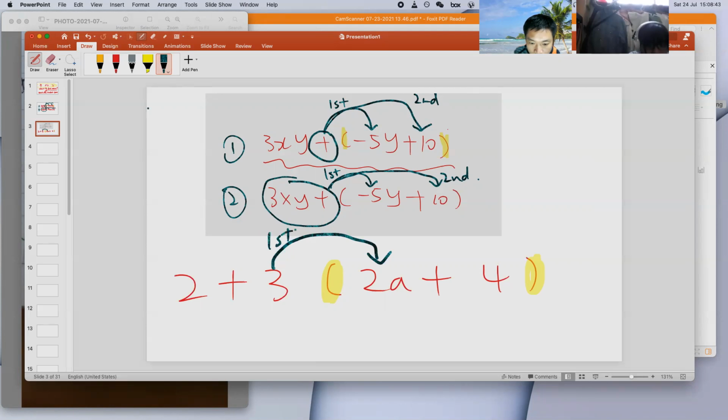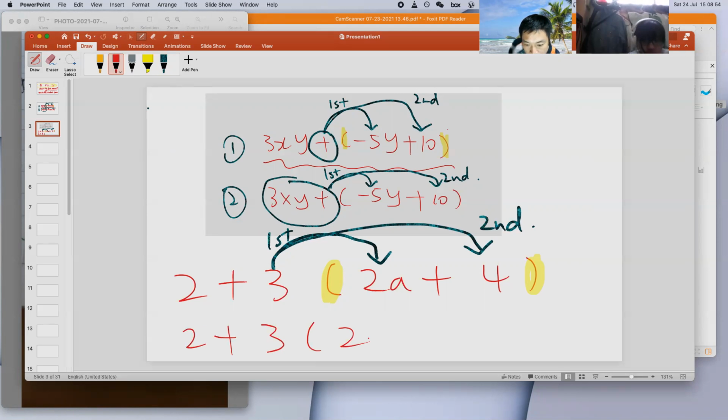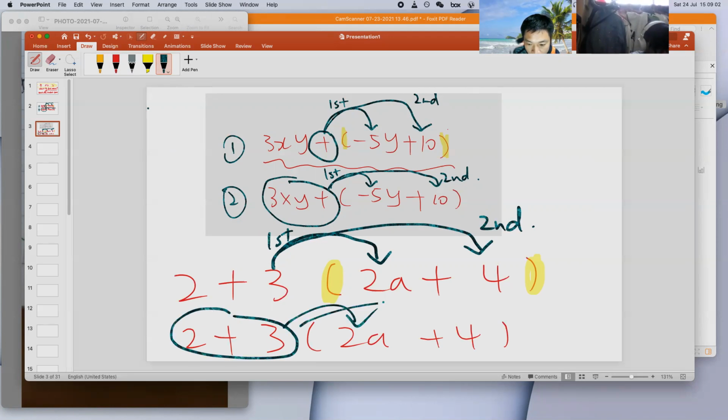first arrow, then the 3 for the second arrow, or you take the 2 plus 3? Which one?